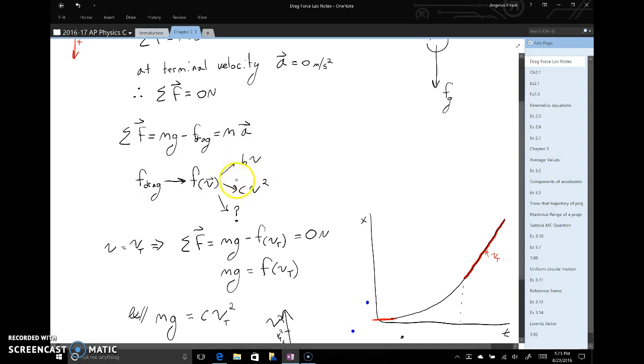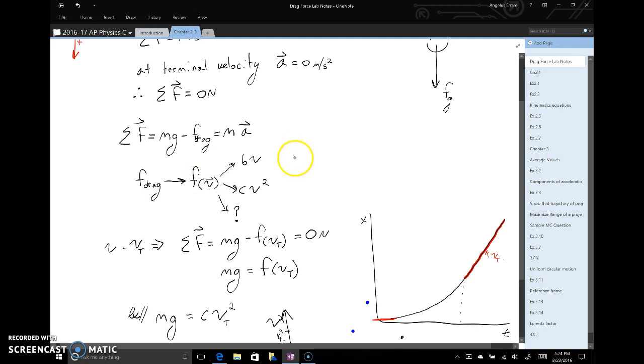And we can have different drag forces that depend on velocity directly. It could depend on velocity squared, or it could have some other more complex dependence on velocity. But the main thing to remember here is that the drag force of an object moving through a fluid is dependent on its velocity.